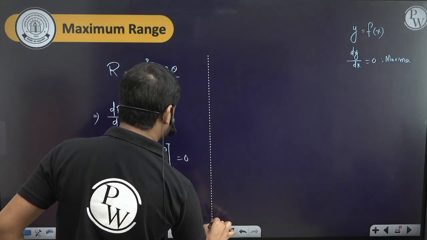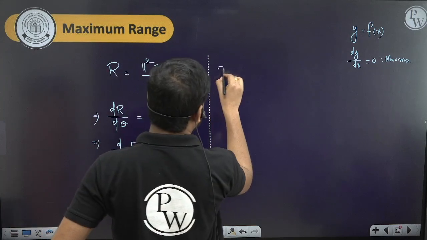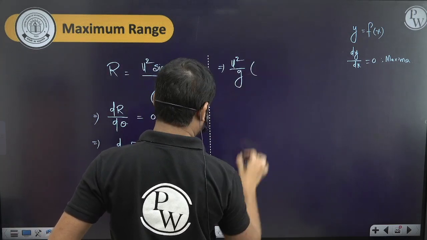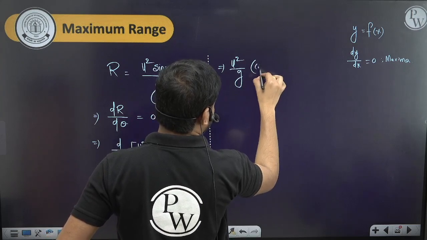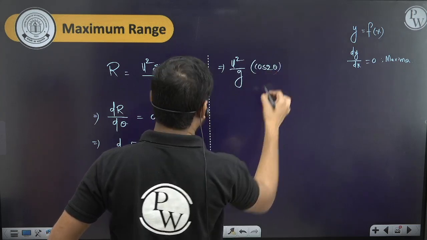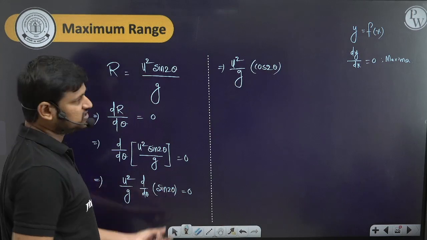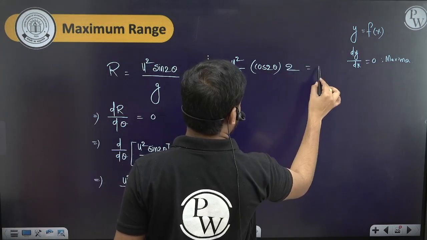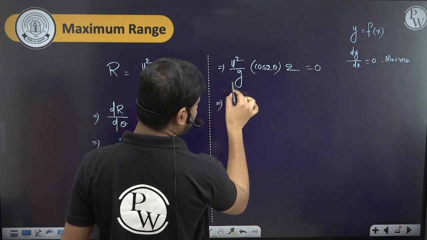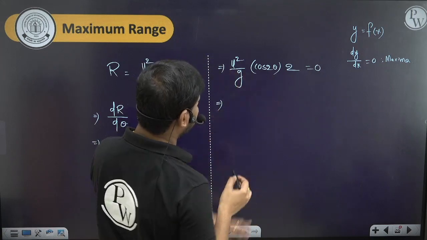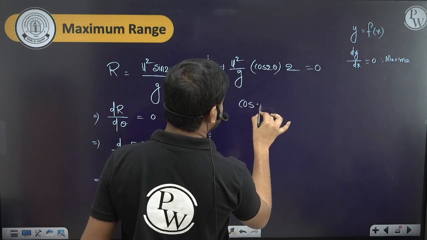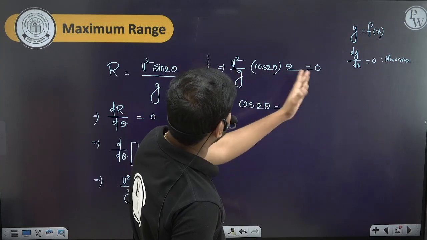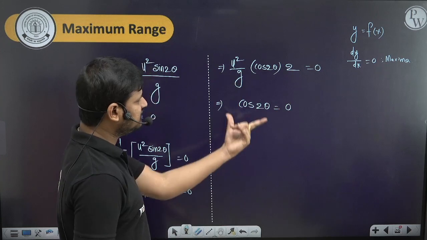So now from here I can write u square by g of sine 2 theta. The differentiation is cos 2 theta, and again 2 theta is differentiable, so the differentiation of 2 theta is 2, which is equal to 0. So let's send all the constants to that side, because u square by g you send to that side, 2 also you send to that side, so cos 2 theta becomes 0.